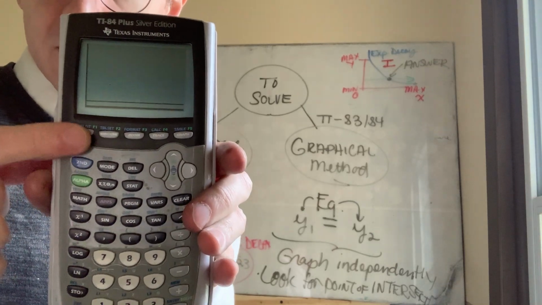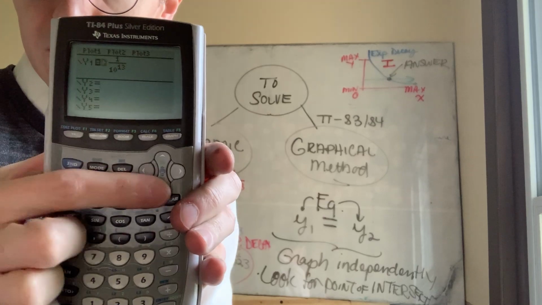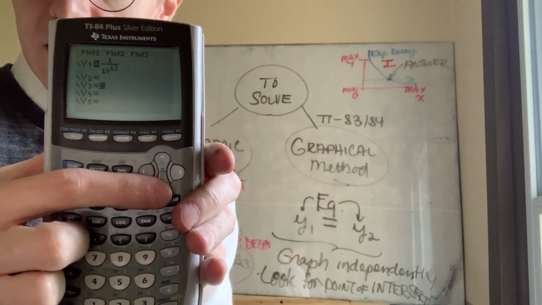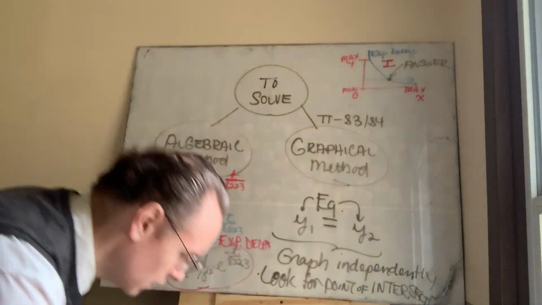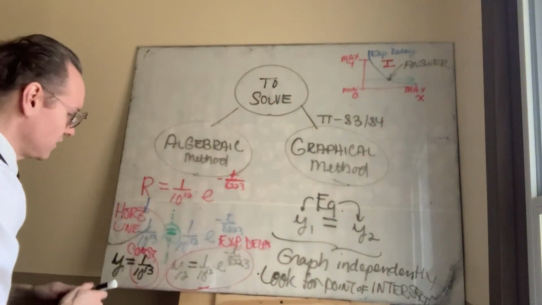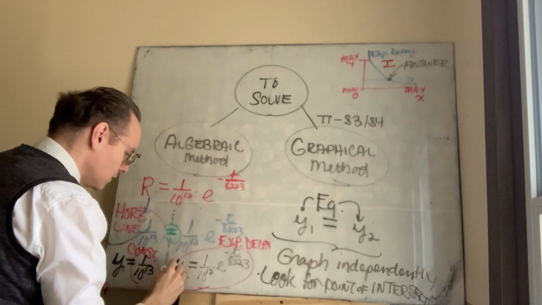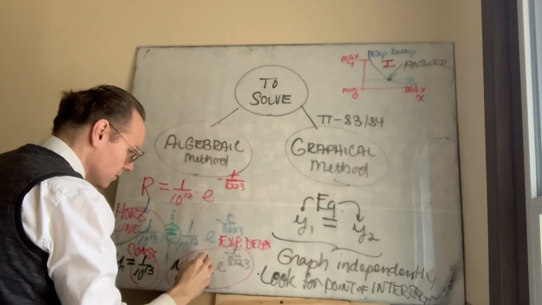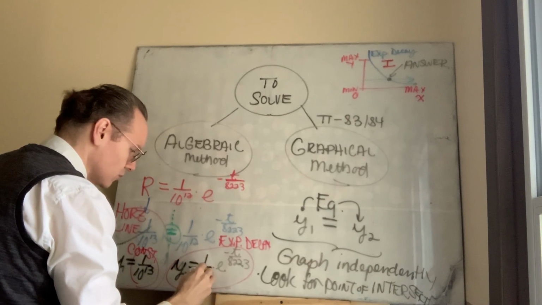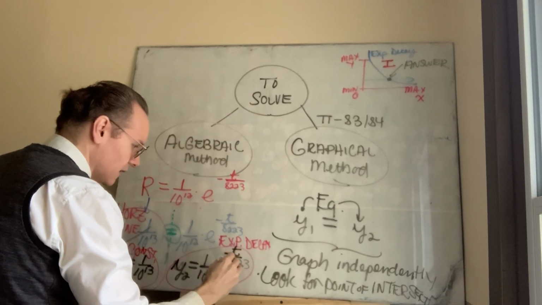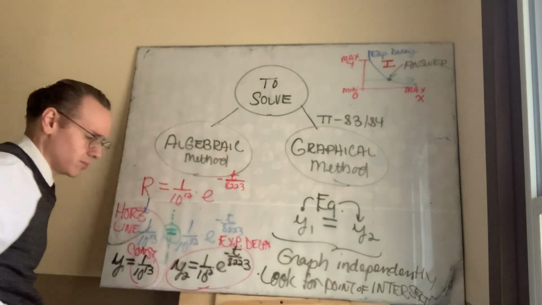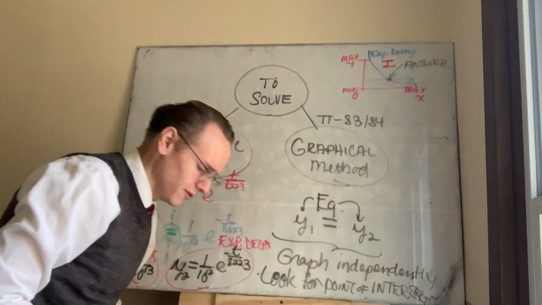Okay. I'm going to go back, and in y2, I'm going to enter the more complex model here. Which again, to make it a little bit easier to read, y2 is going to be this ratio of 10 to the 12th times e to the negative t over 8,223. And that probably is the half-life of carbon-14.